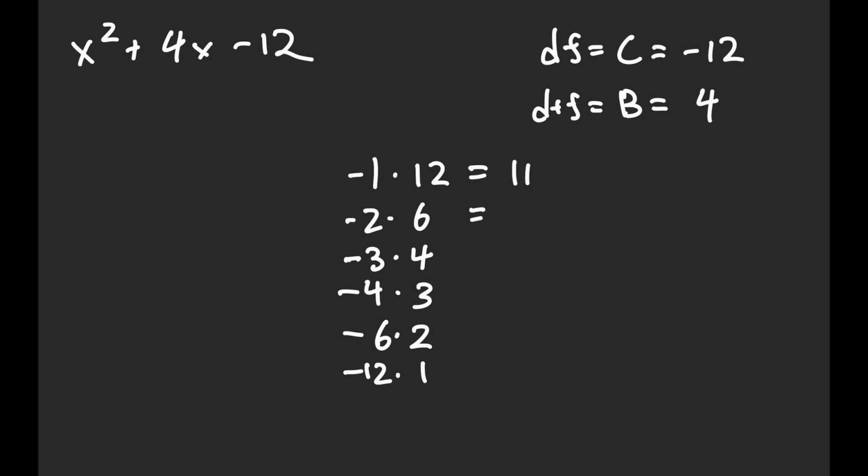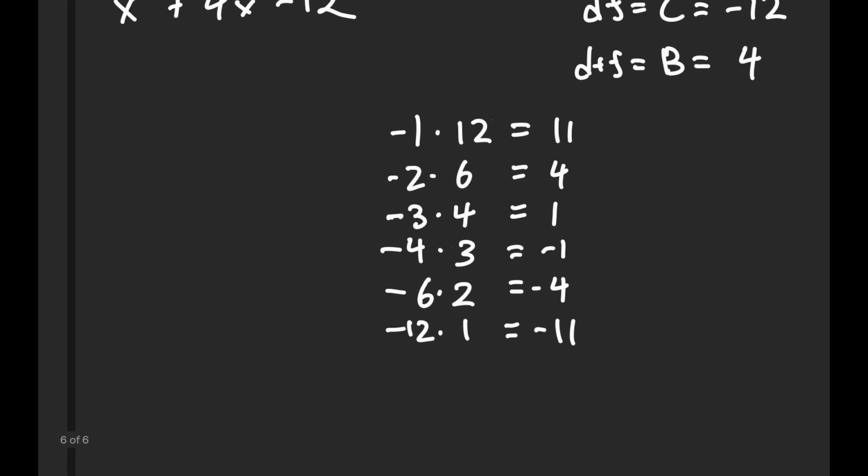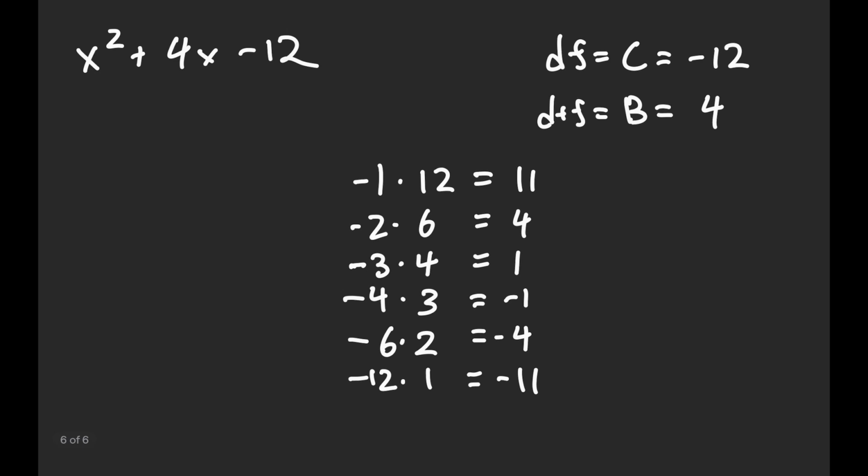Can't be that. We add these up, we get 4. Oh, could be. Add these up, we get 1. Yeah, no. Add these up, negative 1. Nope. Negative 4, definitely not. And negative 11, definitely not. So the only one that works is negative 2 and 6, because this is the only pair of d and f that would add up to 4 and multiply into negative 12.